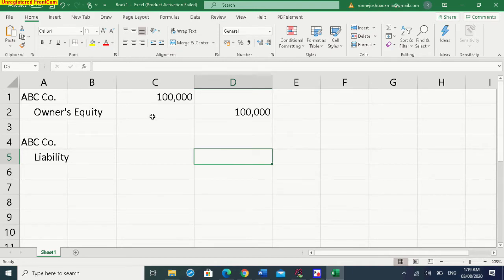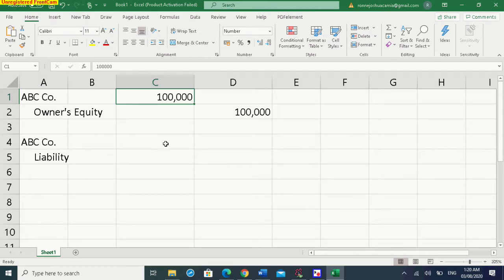This is the capital of ABC company now, 100,000. So he wanted to start a company, and he used 100,000 pesos of his own money to start it, meaning he owned 100,000 of the company.